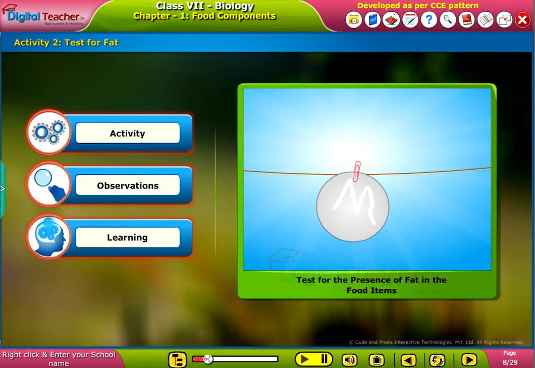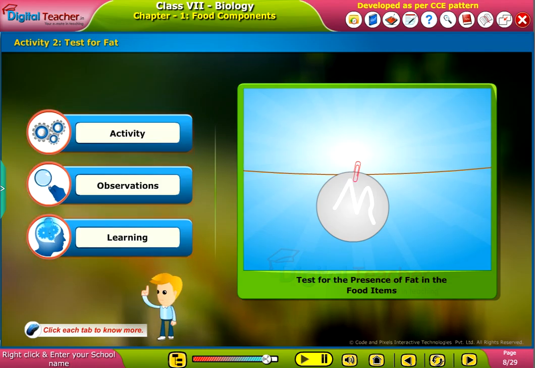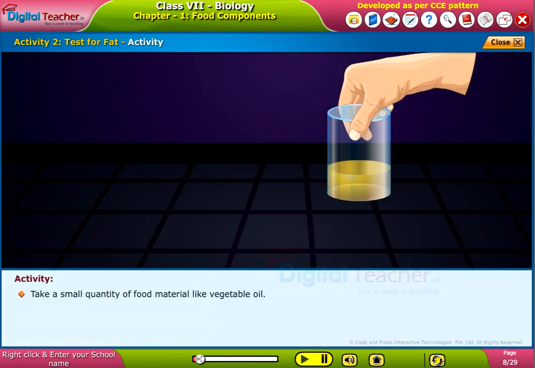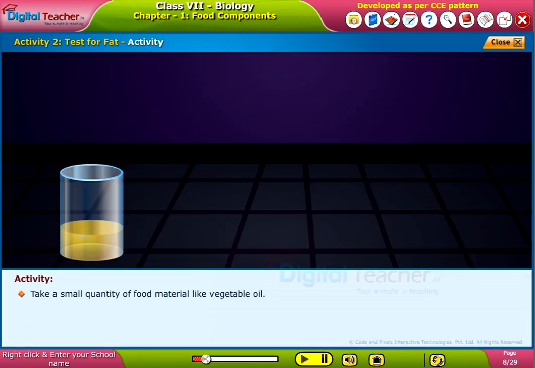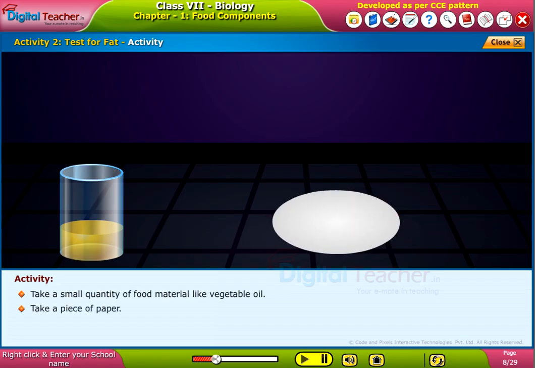Here, let us perform an activity to test the presence of fats in food items. Click each tab to know more. Take a small quantity of food material like vegetable oil. Take a piece of paper.